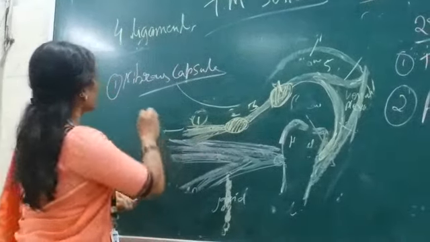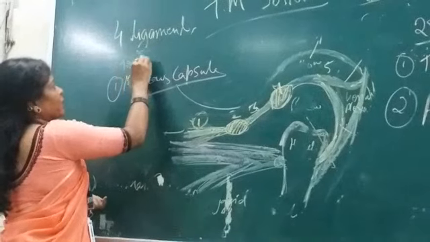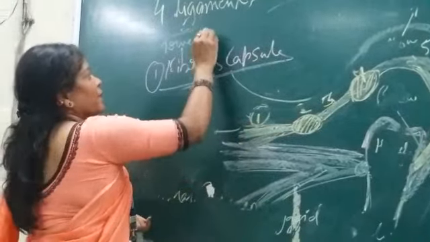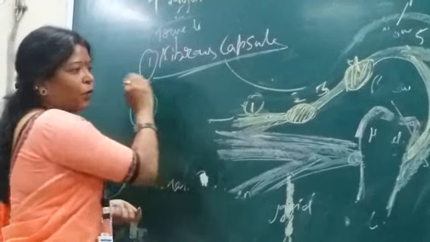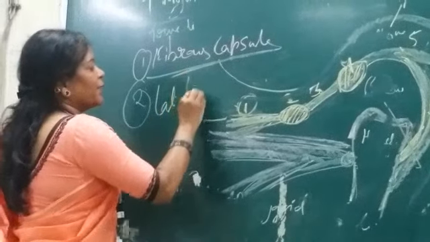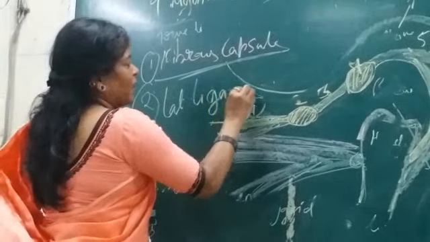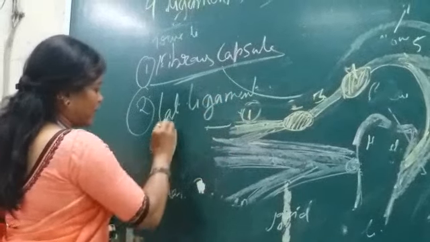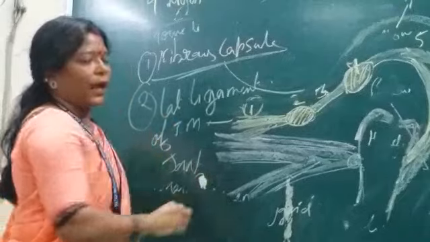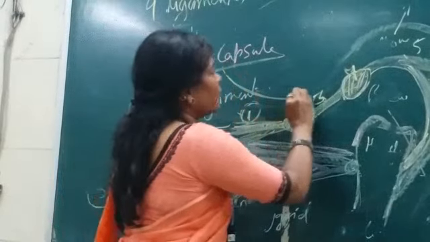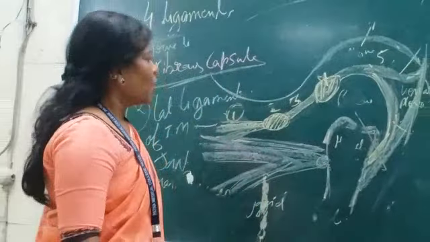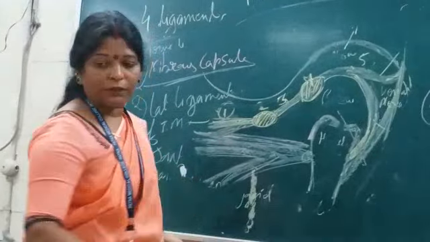The second true ligament is the lateral ligament. What is it? Have you heard the name of the lateral ligament of the temporomandibular joint? Yes. What is it? The lateral ligament of the temporomandibular joint.